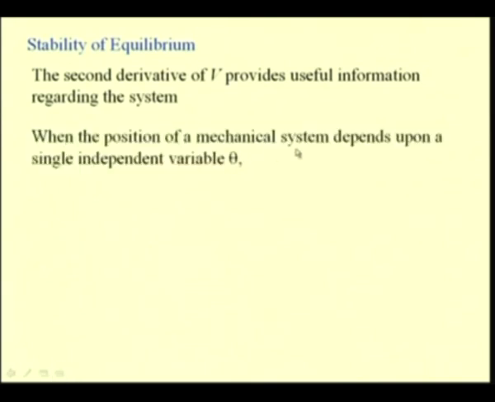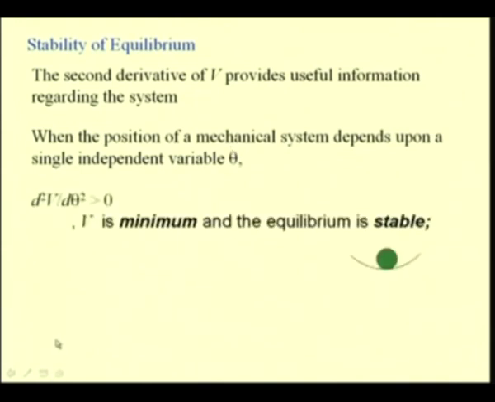The configuration of the system depends on the independent variable theta, and the second derivative is d square V by d theta square. The sign of this quantity is useful in analyzing the stability of equilibrium. If it is greater than 0, then the potential energy is minimum and the equilibrium is stable.